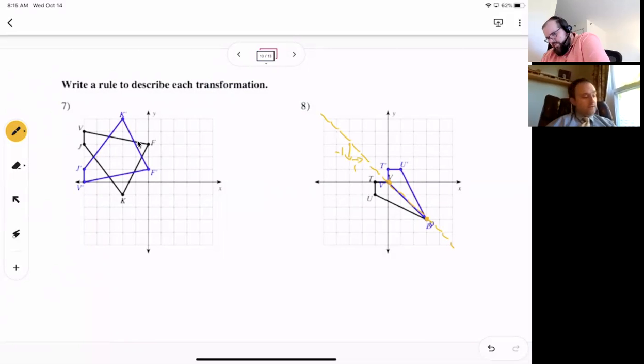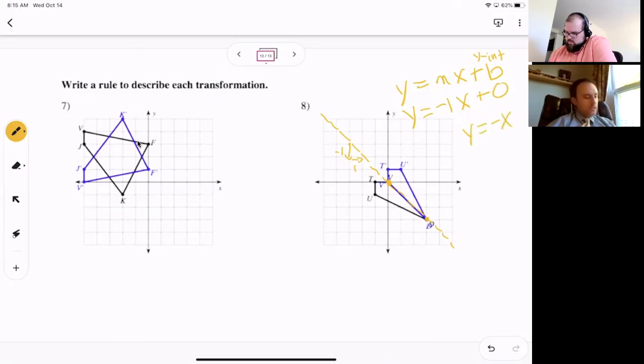So if I think of that y equals mx plus b thing, because I know that's in the humans' brains, m is the slope, and we just said that's -1, and b is the y-intercept, and that's where the line hits the y-axis, and the line here hits the y-axis at 0, 0. So b is just 0. So the purpley color would be a reflection across y equals -x of the black one.